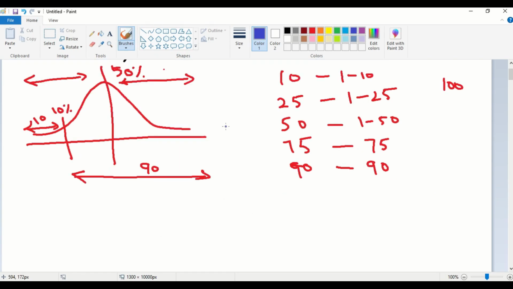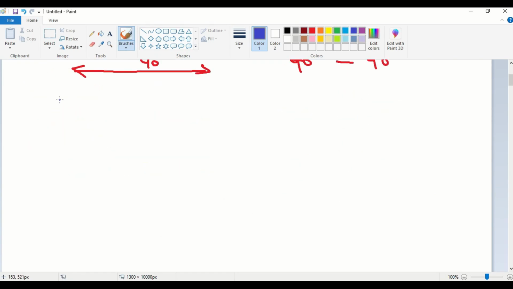Next comes variance. So what is variance? Let us take a data set which is distributed like this.